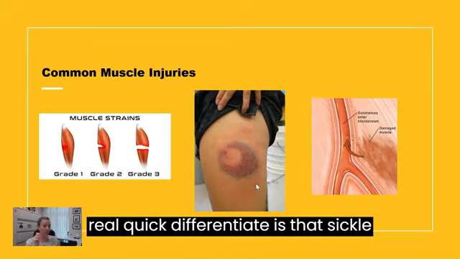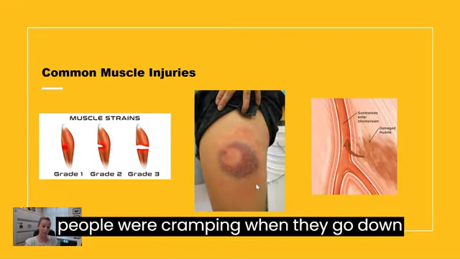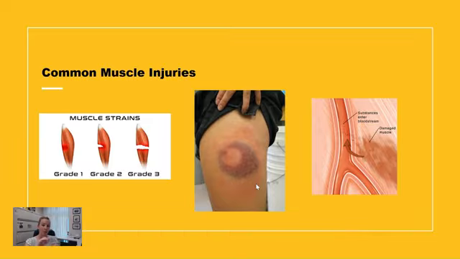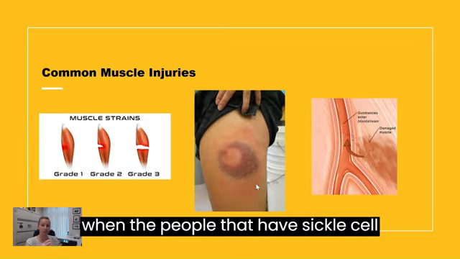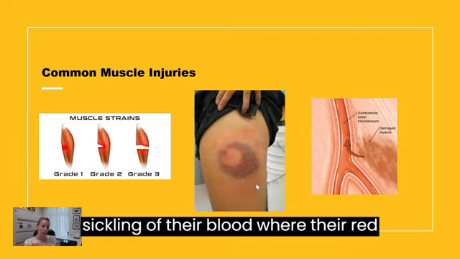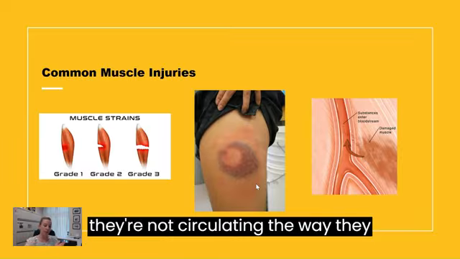Something just to quickly differentiate is sickle cell anemia. Some people think that people are cramping when they go down with a sickling episode. This is when people that have sickle cell anemia or sickle cell trait can have sickling of their blood, where their red blood cells turn to a crescent shape, and they're not circulating oxygen the way they should.